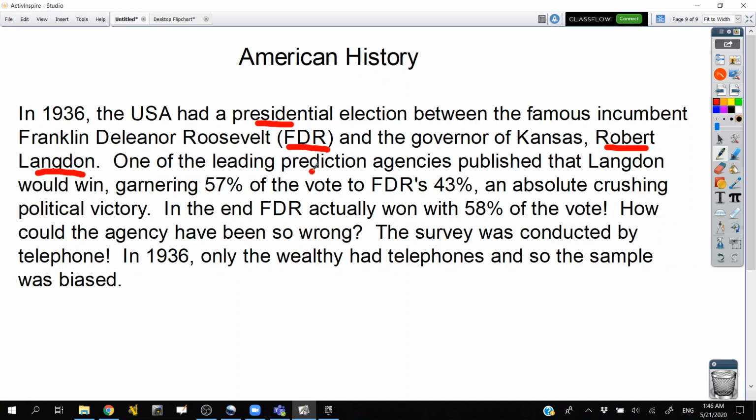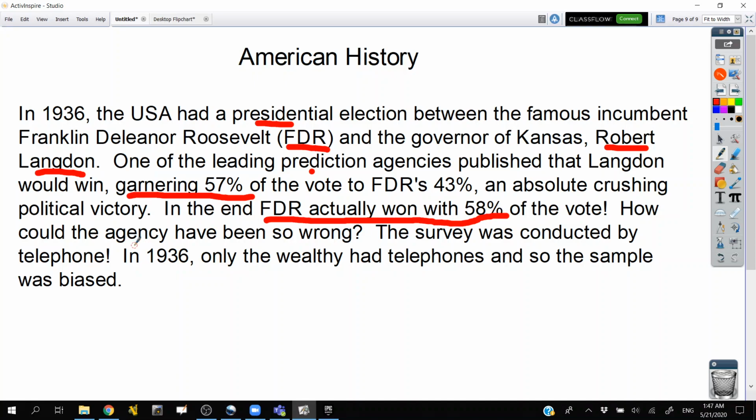There are these prediction agencies in the US, and they decide who they think is going to win by making polls. They published that Landon would win with 57% of the vote to FDR's 43. That is a crushing political victory, winning by 14%. In the end, it went the other way. Franklin Delano Roosevelt actually won with 58% of the vote.